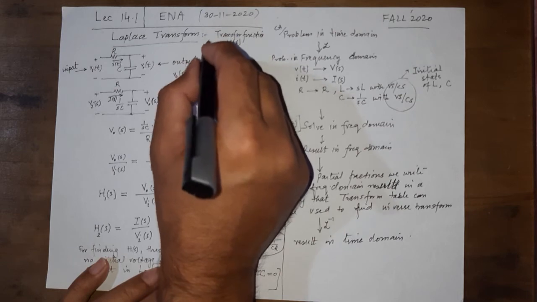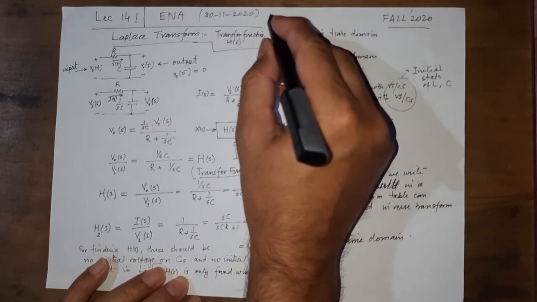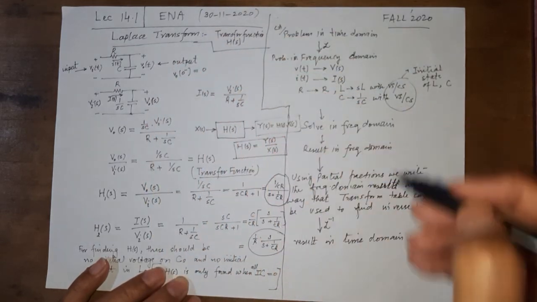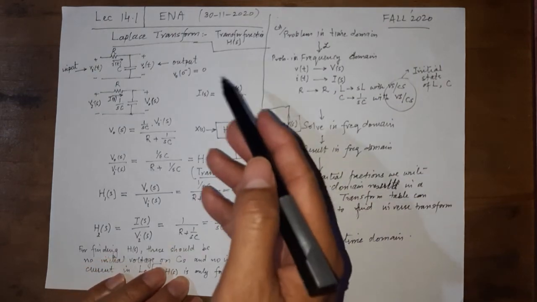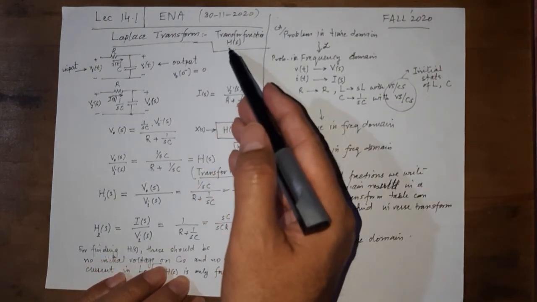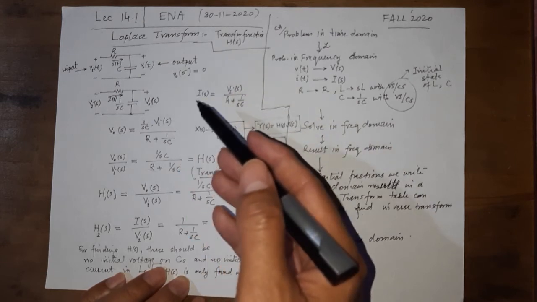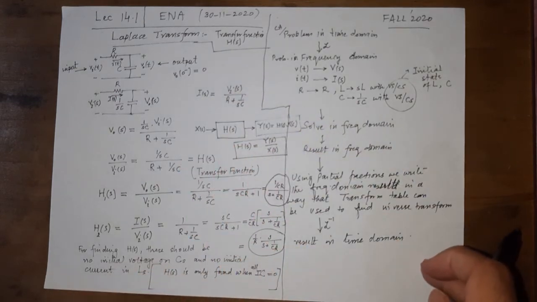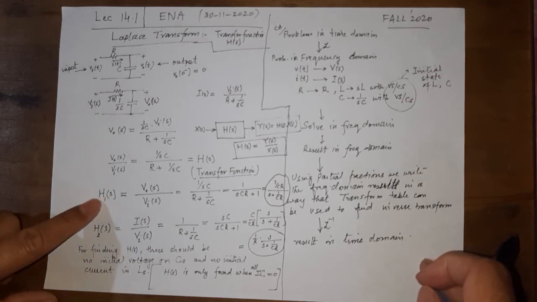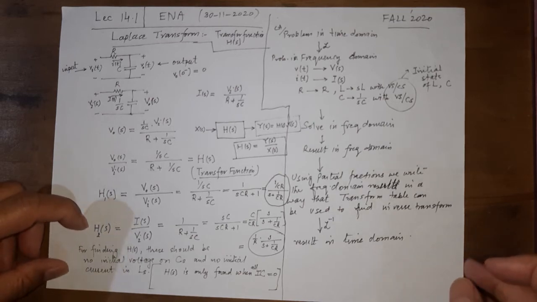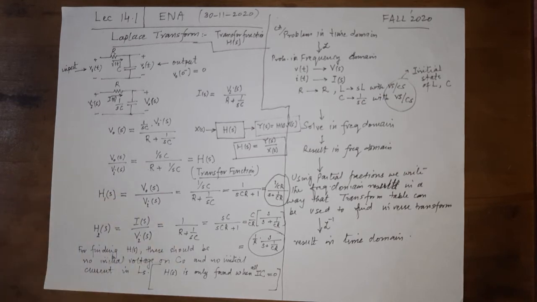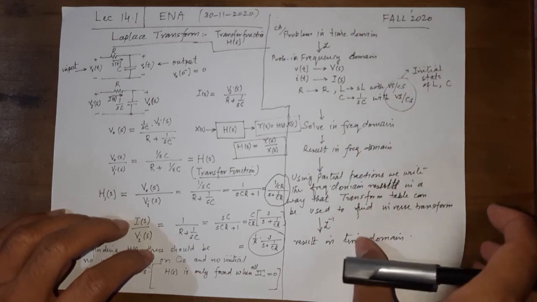A transfer function will always be represented by H of s, with no other alphabet, unless we are too crammed to use H of s, and we can represent the transfer functions with some other alphabet, but that is usually not done. We can use the subscripts H1 and H2, etc. So I hope you have understood what a transfer function is.